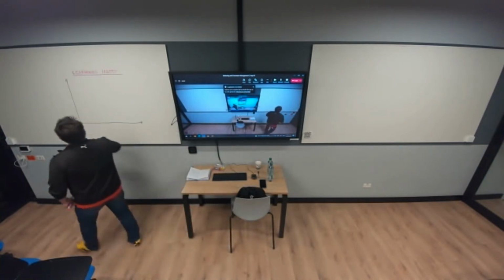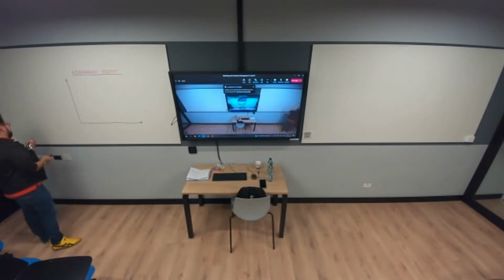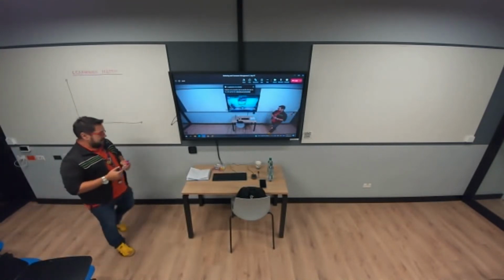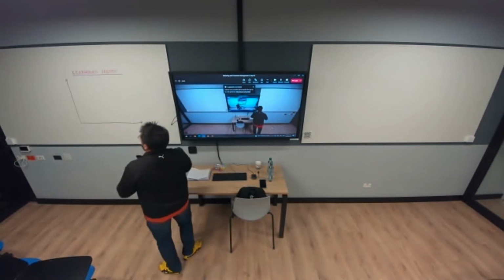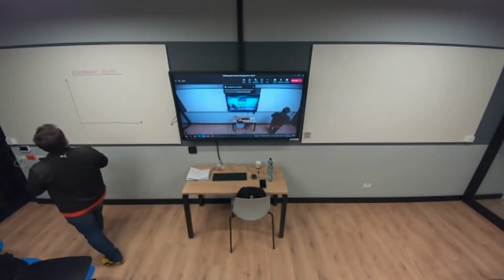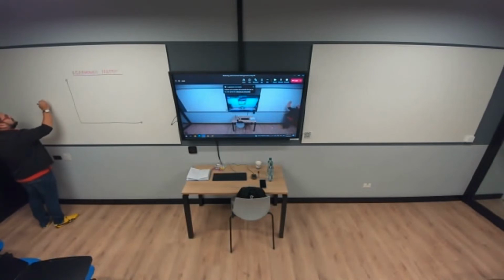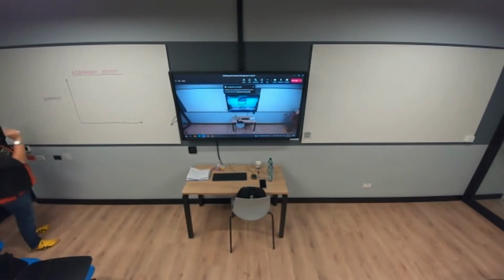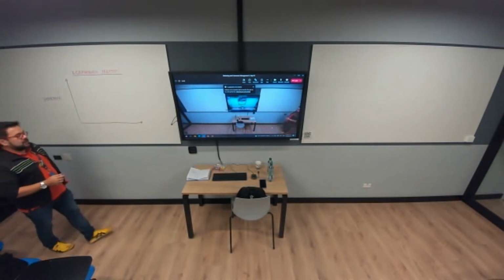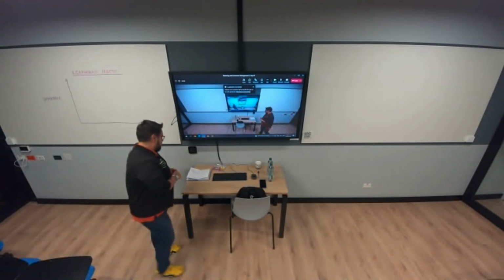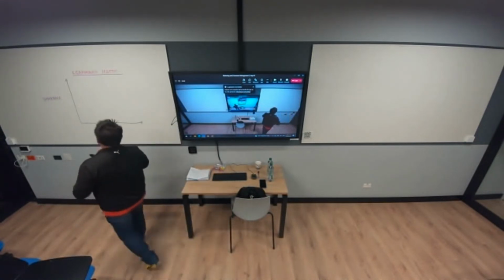The vertical axis is going to measure the variable importance, and the horizontal axis is going to measure the variable urgency.